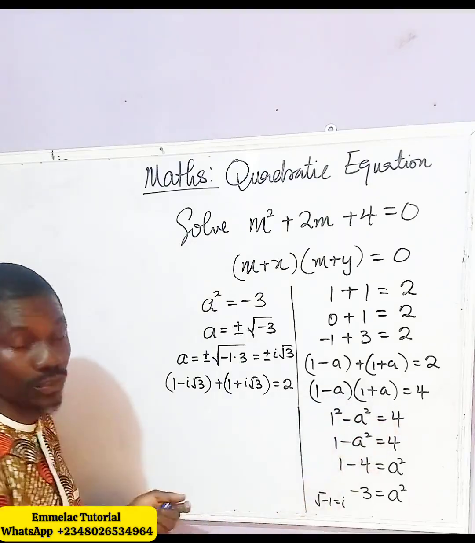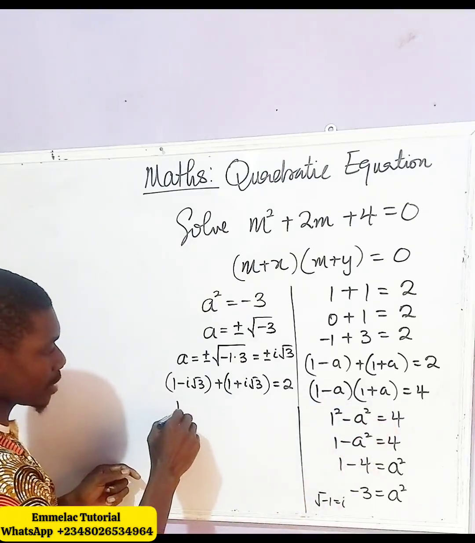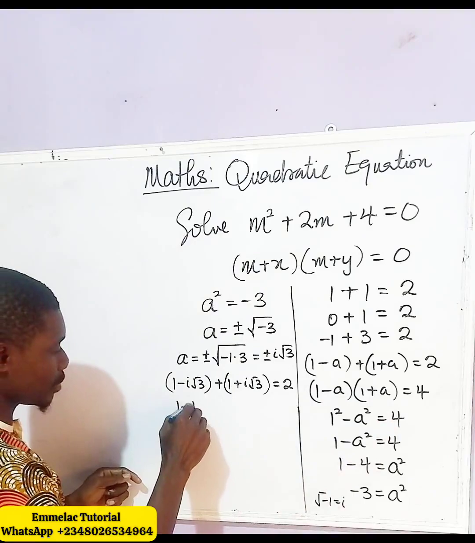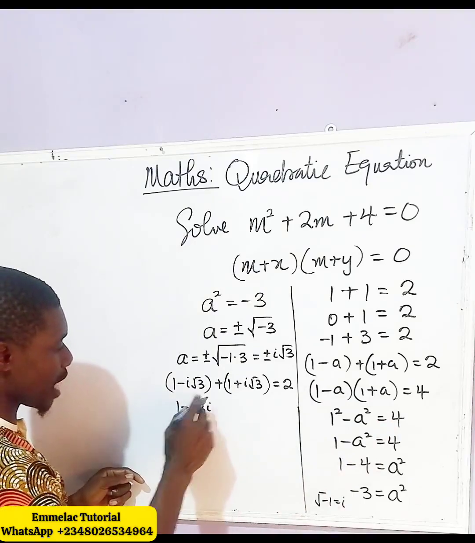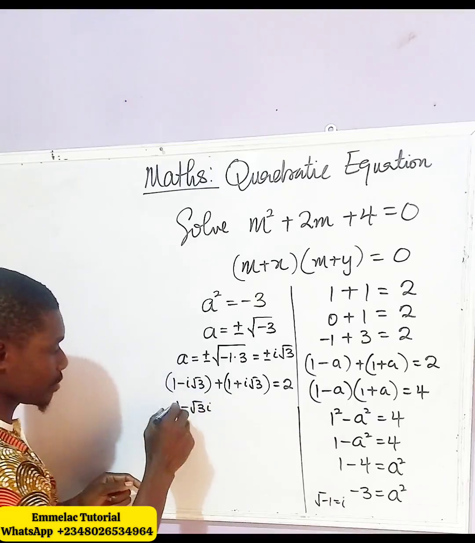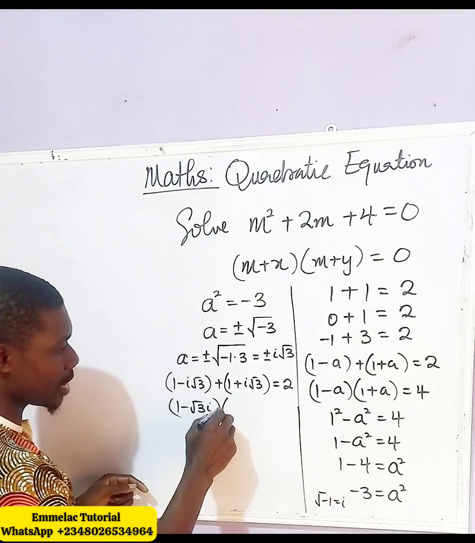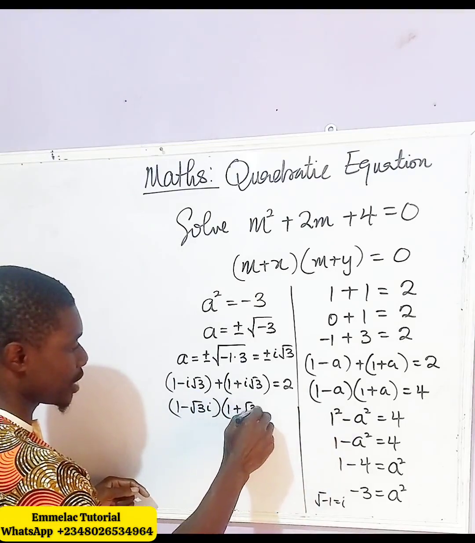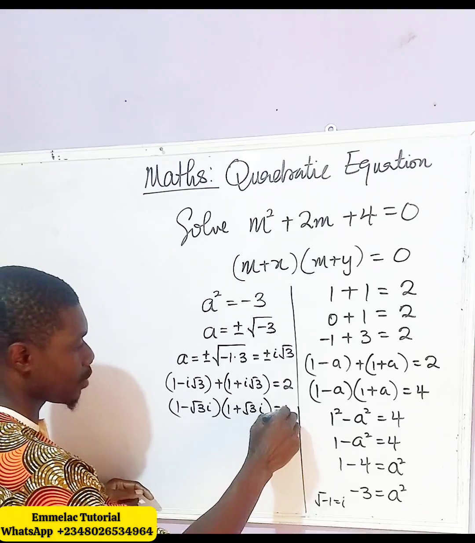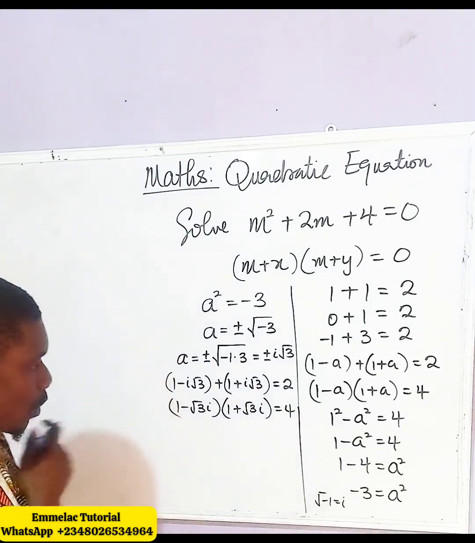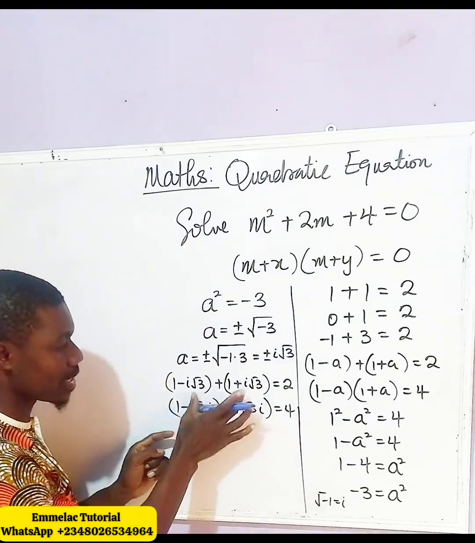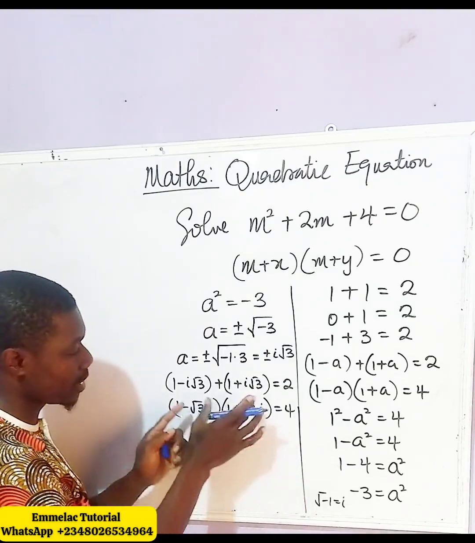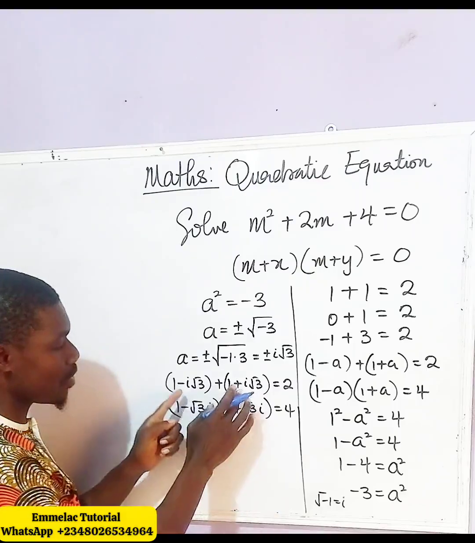And for the product, 1 minus root 3 i, times 1 plus root 3 i, equals 4. So these are the two terms which when you multiply give you 4, and when you add give you 2.